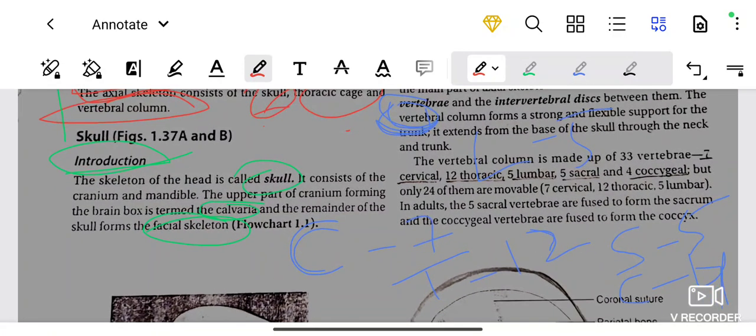The 5 sacral vertebrae are fused to form the sacrum, and the coccygeal vertebrae fuse to form the coccyx. The sacrum is present in the pelvis of both female and male. Okay, the coccyx is also present in the pelvis.